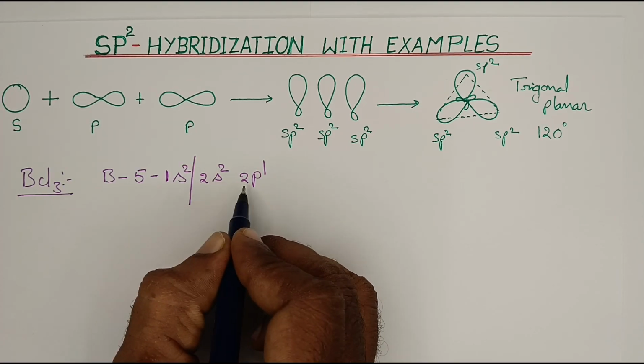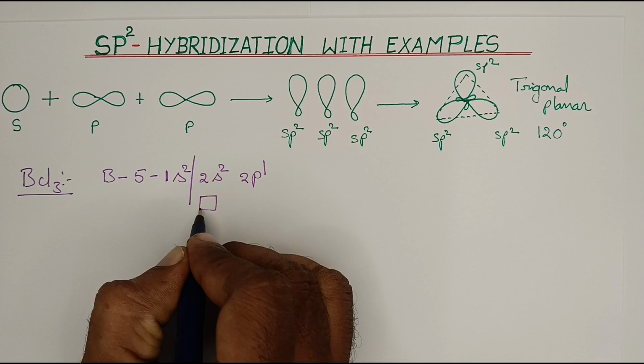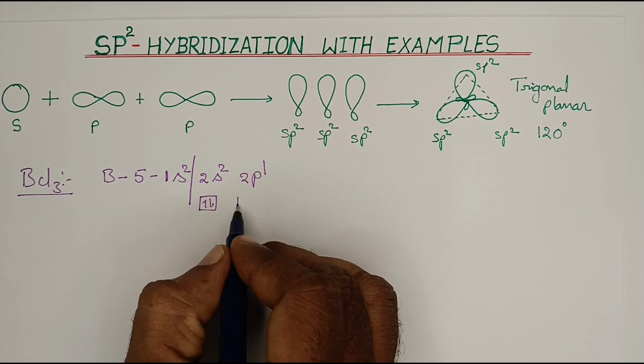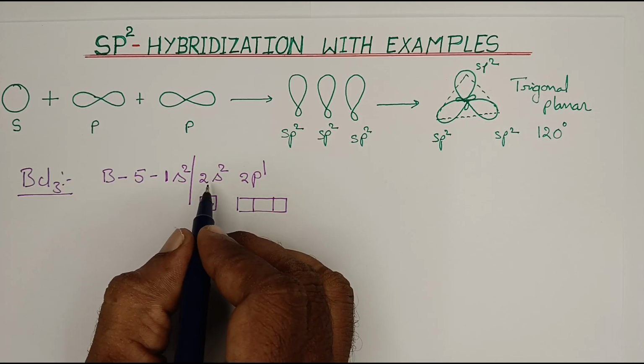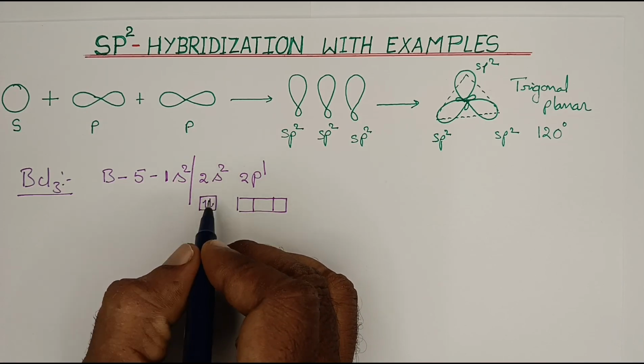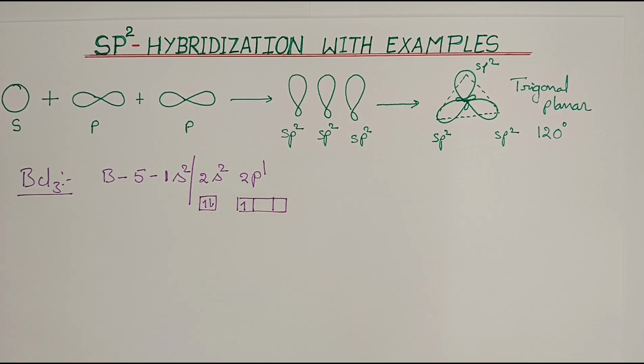These are 2 and 2, so this is the second level. So the second level contains s orbital and p orbital. In s orbital we are having 2 electrons, and in p orbital we are having 1 electron.